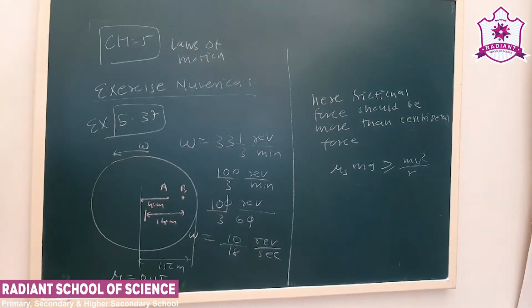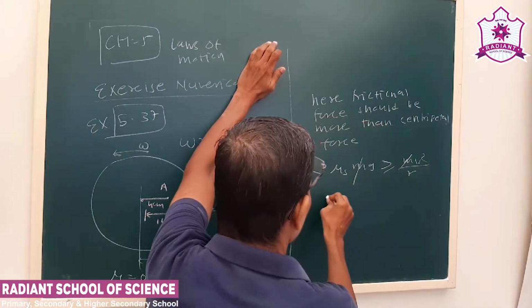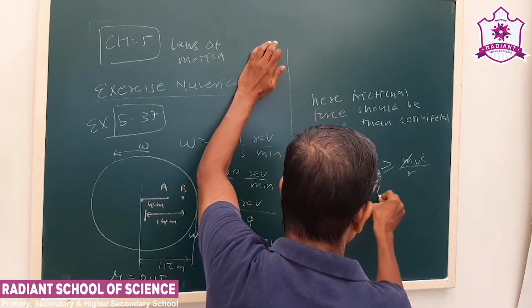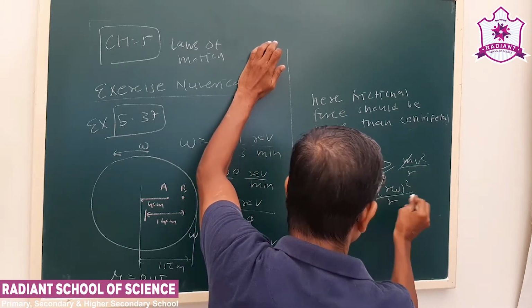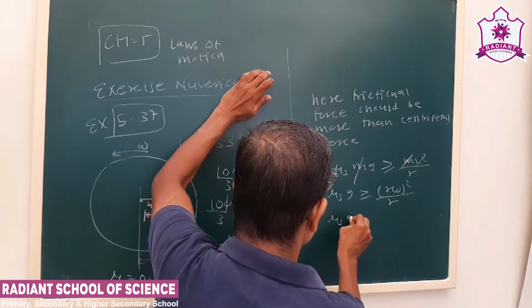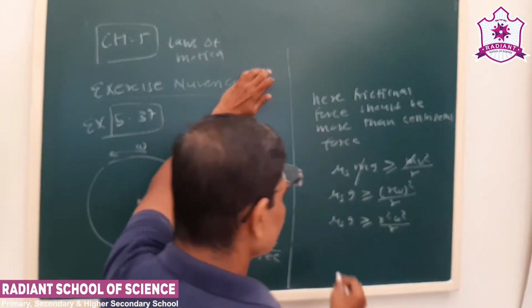Now m is cancelled, v is equal to r omega, so that will become r.